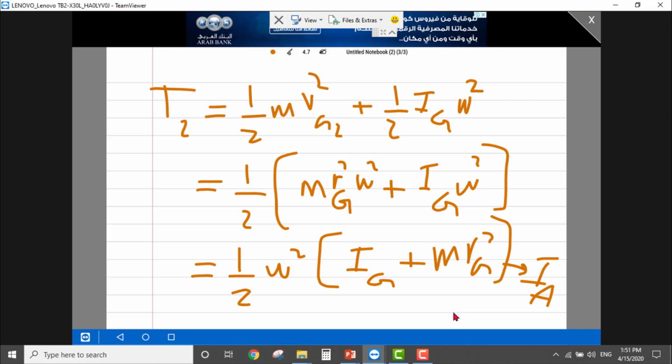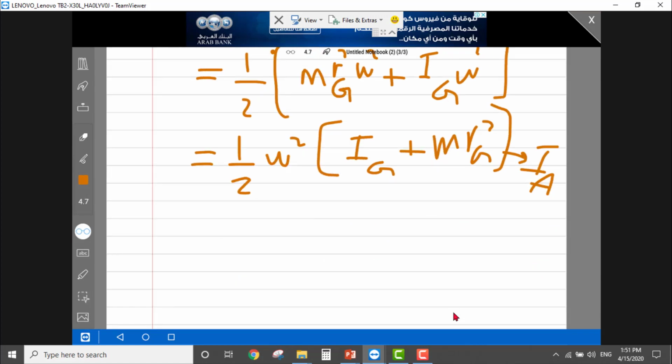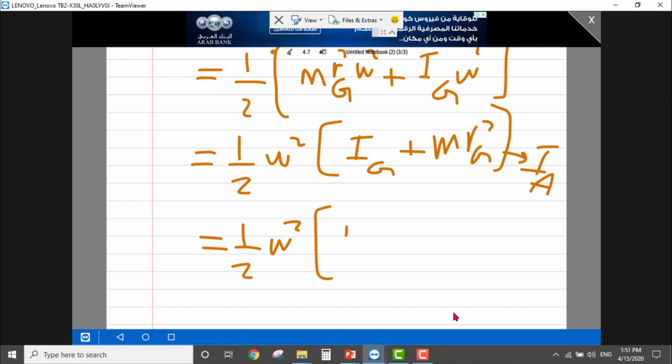Now we have a rod. If we go back to the uniform shapes, you will find that IG is equal to 1 over 12 times the mass of the rod, which is 10, multiplied by the length of this rod, which is 0.4 squared, plus 10 multiplied by 0.2 squared.